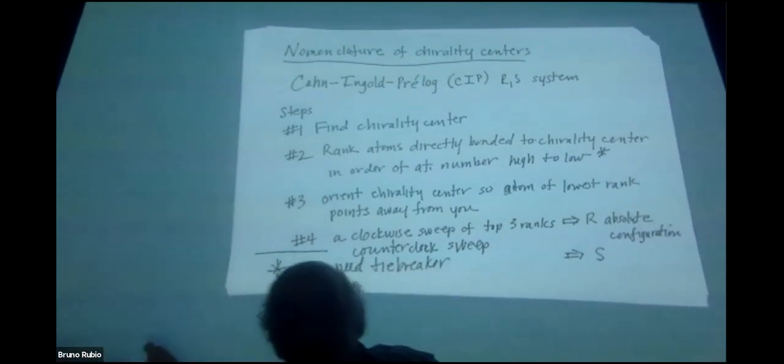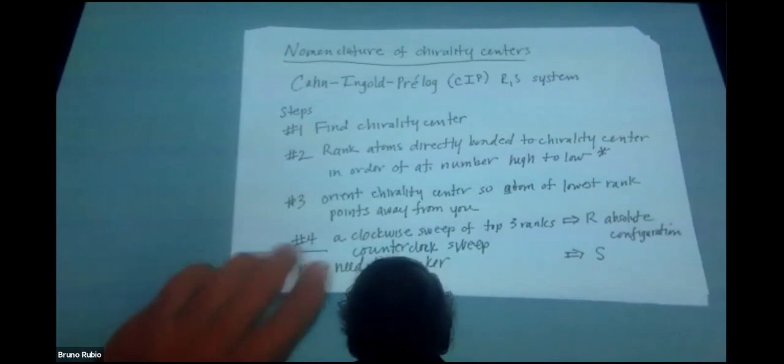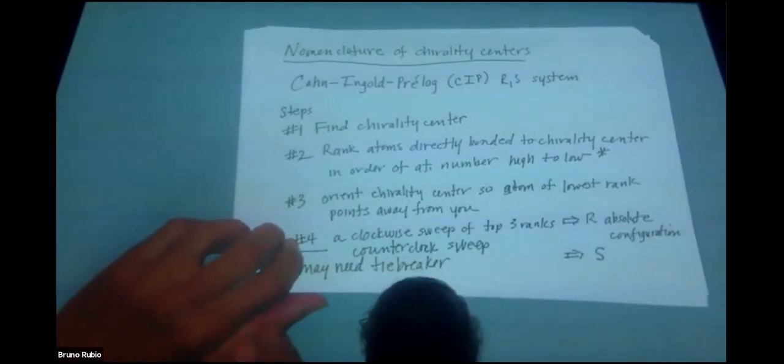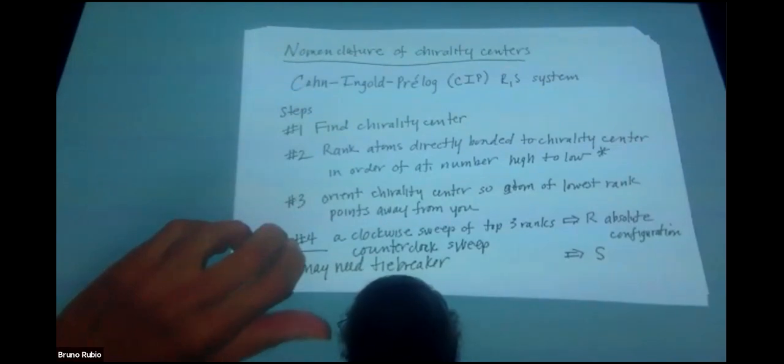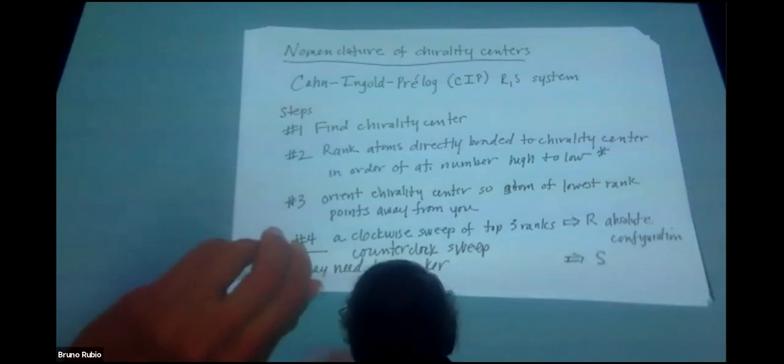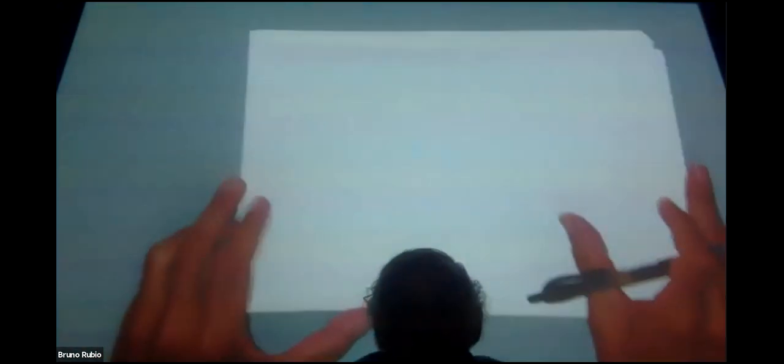Okay, so that's the Kahn-Ingold-Prelog RS system. This is how, instead of talking about right-handed chirality centers and left-handed chirality centers, or right-handed molecules or left-handed molecules, we use this R and S designation. Okay, so let's do some examples.